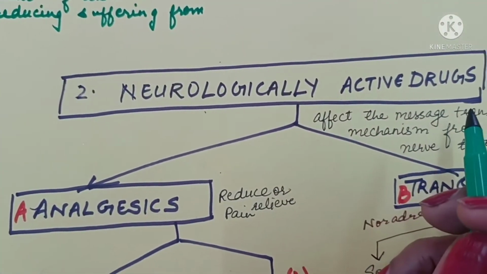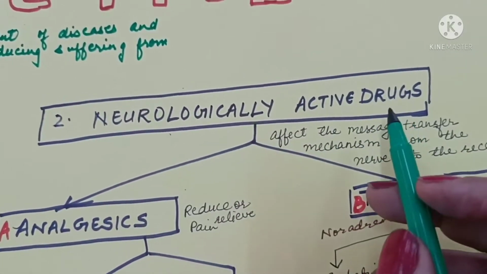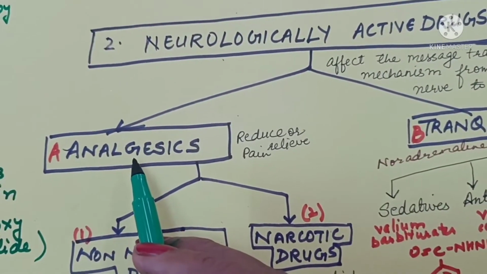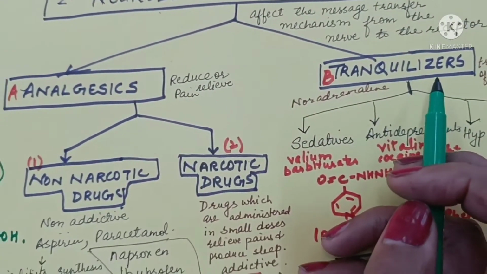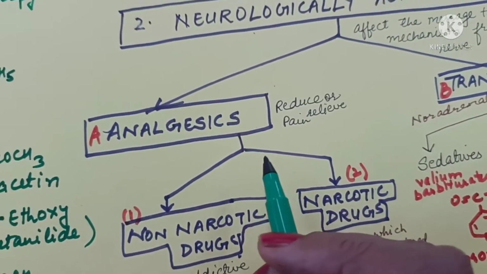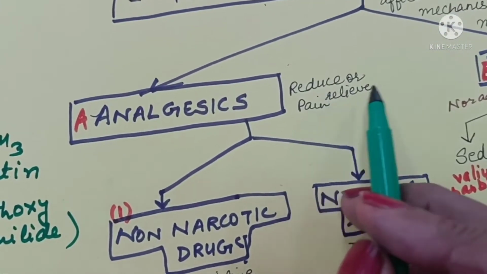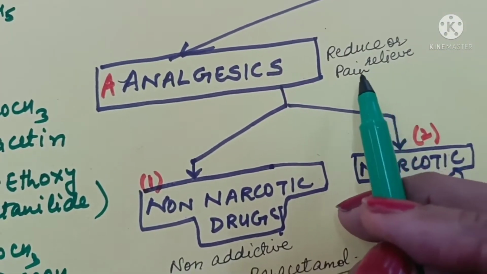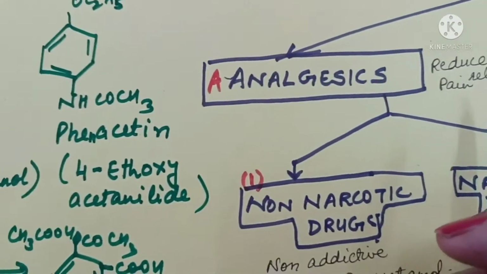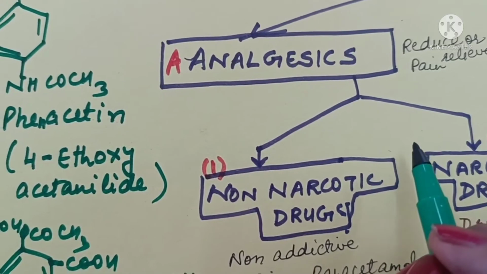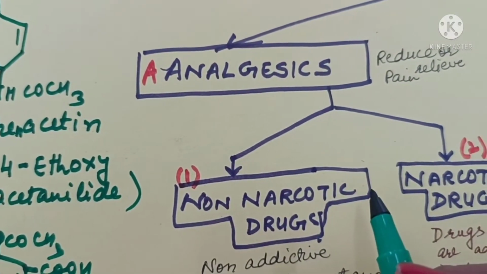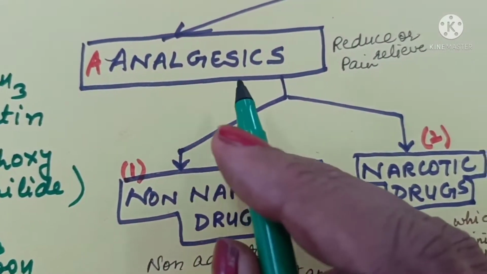Neurologically active drugs can be classified into two categories: analgesics and tranquilizers. Analgesics, the chemical substances which are used to reduce or relieve pain without causing any impairment of consciousness, mental confusion, incoordination or paralysis or some other disturbances of nervous system, are called analgesics.